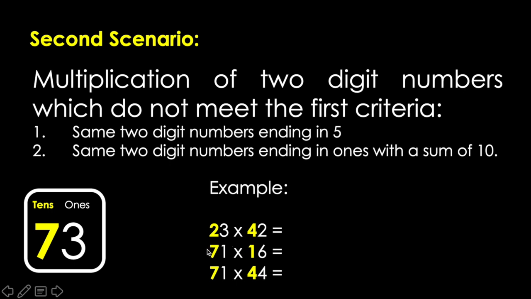The same is true with the second pair, 71 times 16: 7 and 1 are different, and 1 and 6 do not equal 10 when you add. And 71 times 44 as well doesn't fall on the first criteria. These are the numbers we'll check, and how to solve them in seconds.